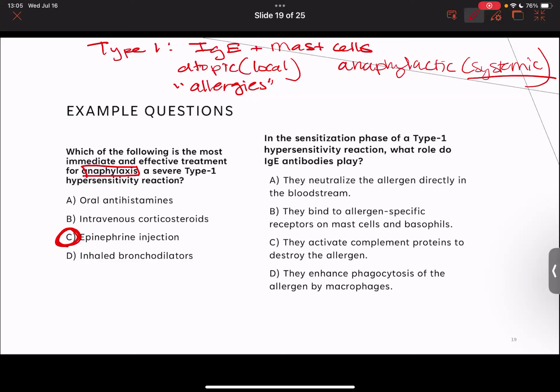In the sensitization phase of a type 1 hypersensitivity reaction, what role do IgE antibodies play? So in sensitization, this is your first initial exposure to whatever you're allergic to.